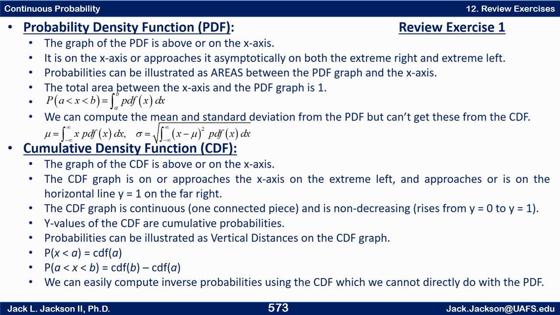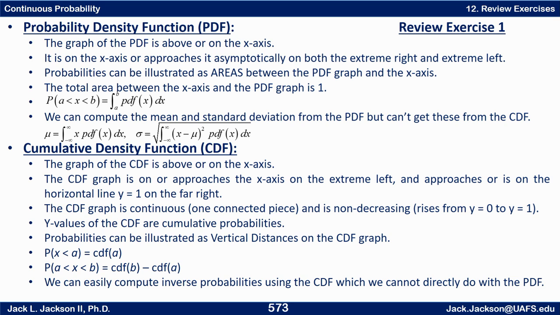Now the cumulative density function actually is maybe a little easier to work with. The graph of the CDF is always above or on the x-axis. The CDF graph is on or approaches the x-axis on the extreme left, and approaches or is on the horizontal line y equals 1 on the far right. The CDF graph is continuous, meaning it's one connected piece, and is non-decreasing, so it never comes down.